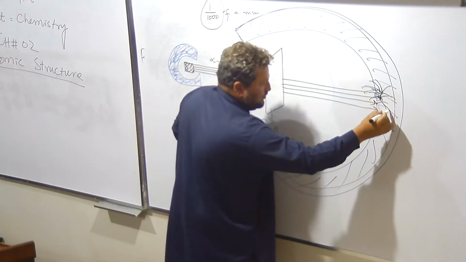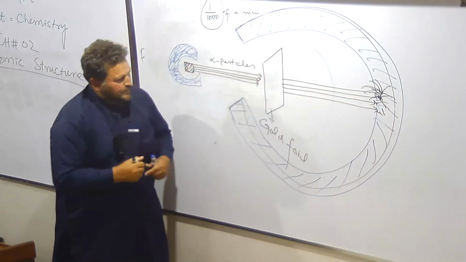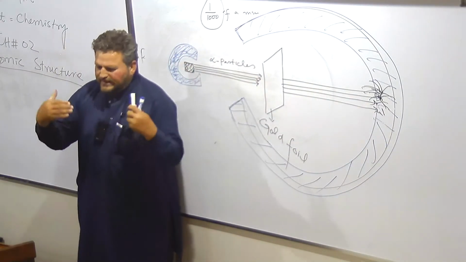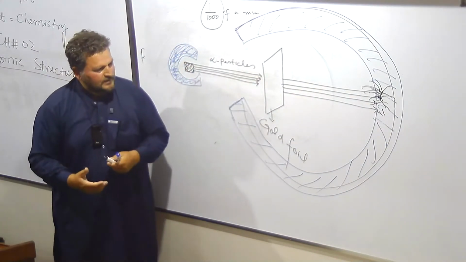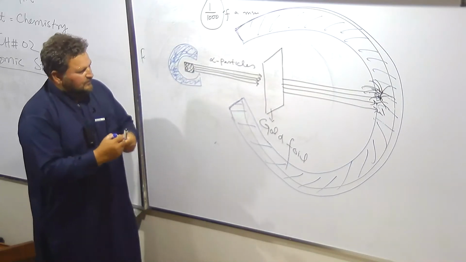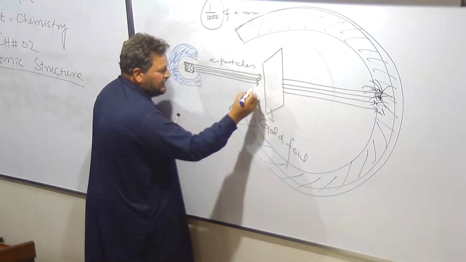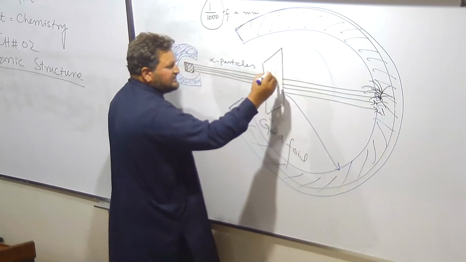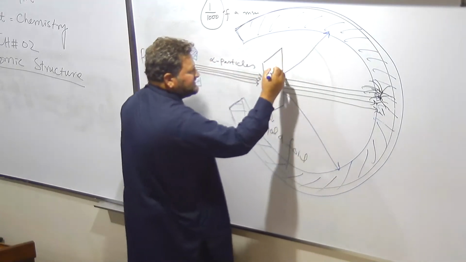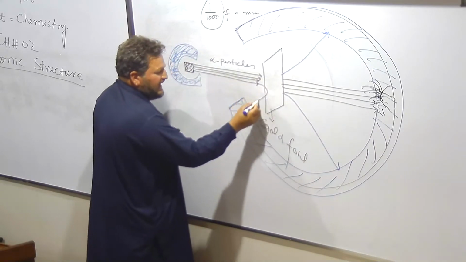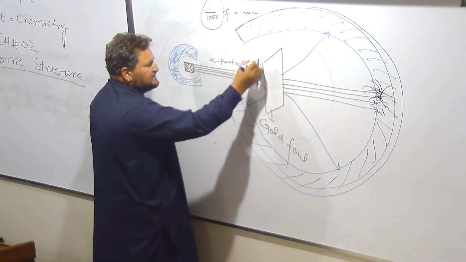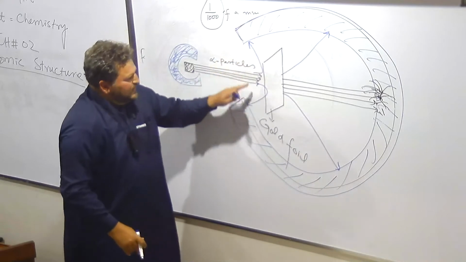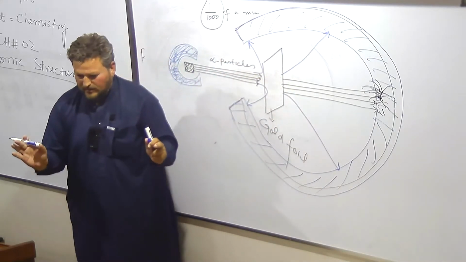Fluorescence, glow. But actually when he performed this experiment, he also observed that a few of the radiations were deflecting like this at large angles, and some of them totally rebounded back like this. But these rebounding radiations were very few.